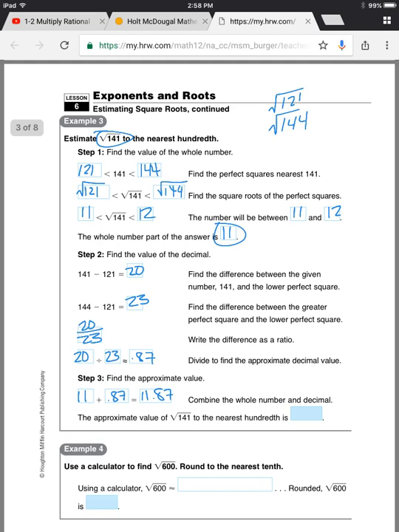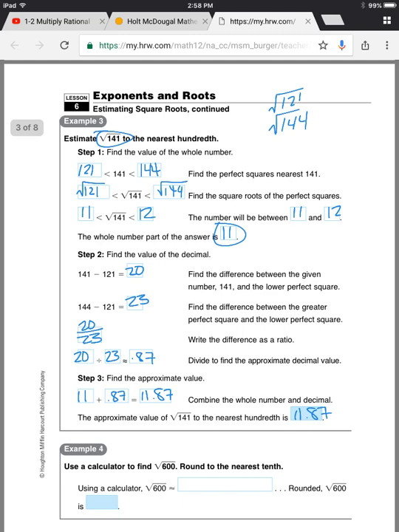So the approximate value of the square root of 141 to the nearest hundredth is 11.87. So look, even if you don't have your calculator with you, you can figure out the approximate value of a square root, which is pretty cool. I've never seen that before in all my years.